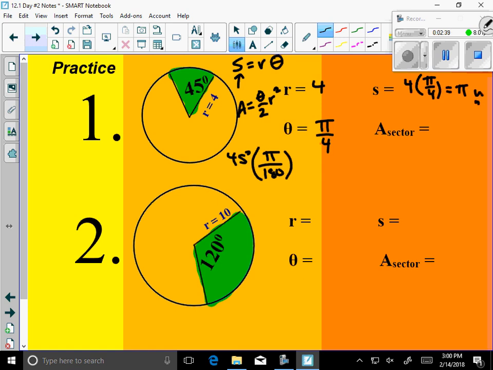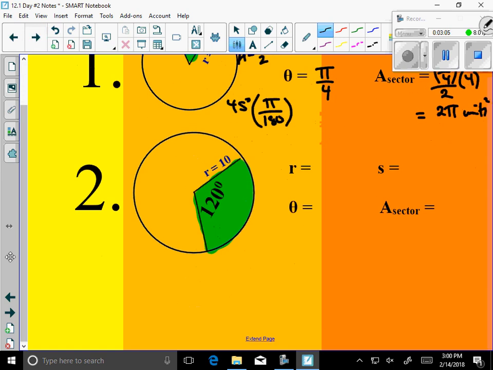The area of the sector would be theta over 2 r squared. If you were to simplify that, you would get 2 pi units squared.